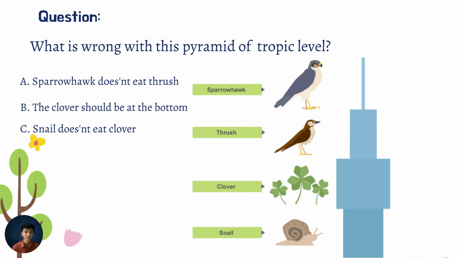Another question. What is wrong with this pyramid of trophic levels? Letter A, sparrowhawk doesn't eat thrush. Letter B, the clover should be at the bottom. Letter C, snail doesn't eat clover.